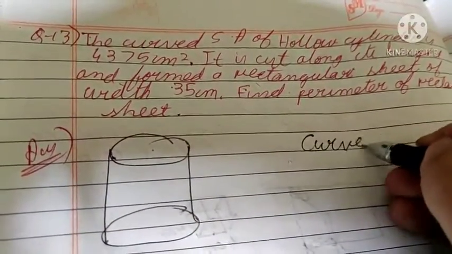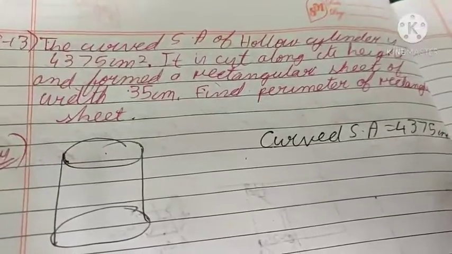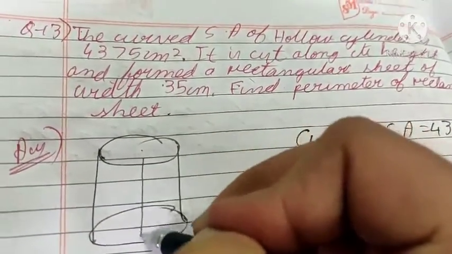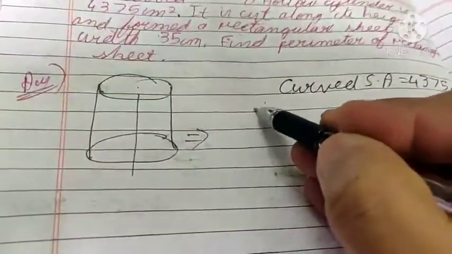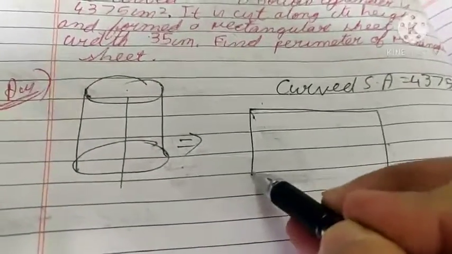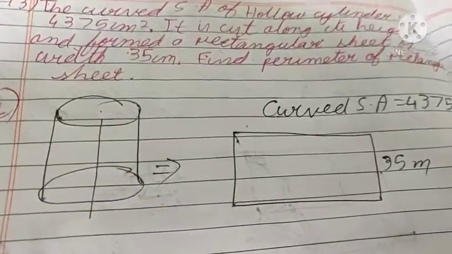The curved surface area, that is the lateral surface area, is 4375 centimeter square, and it is cut along its height. We have cut it this way, and this has changed itself into a rectangular sheet of width 35 centimeter.